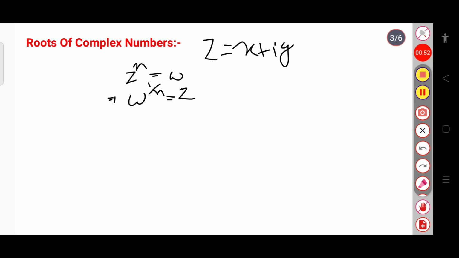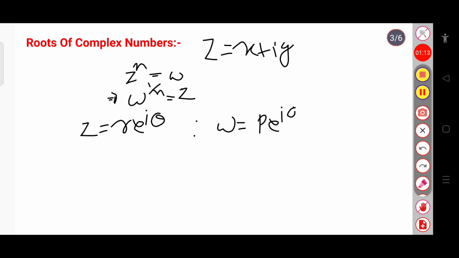Now, we will express this z in polar form, that is z equals r exponential iota theta, and suppose w equals p exponential iota phi.